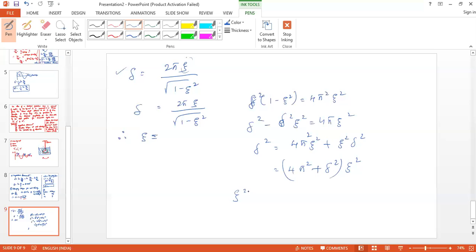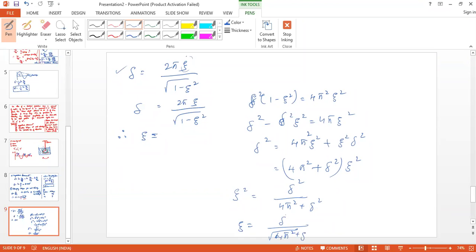So zeta square is equal to delta square divided by 4 pi square plus delta square, or zeta is equal to delta divided by root of 4 pi square plus delta square, that is 0.405 divided by root of 4 pi square plus 0.405 square. So the answer is 0.064. This is zeta.